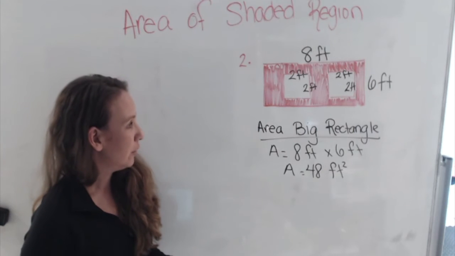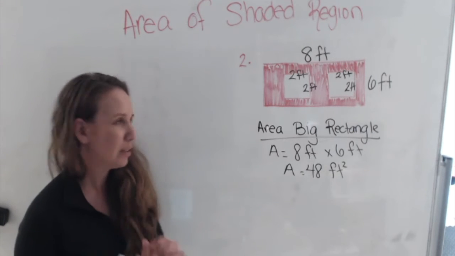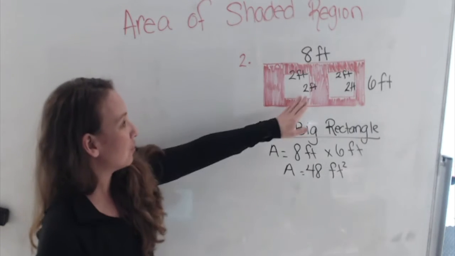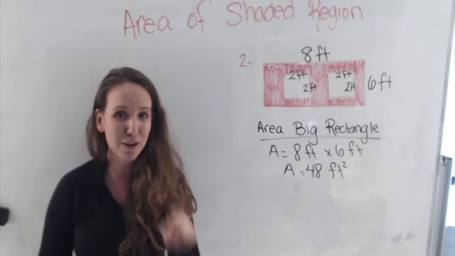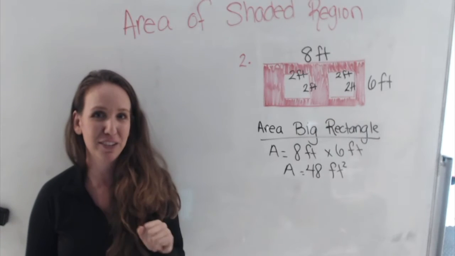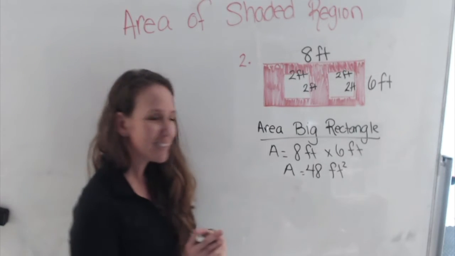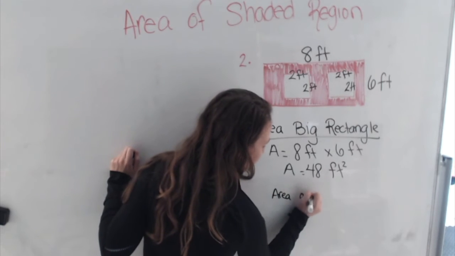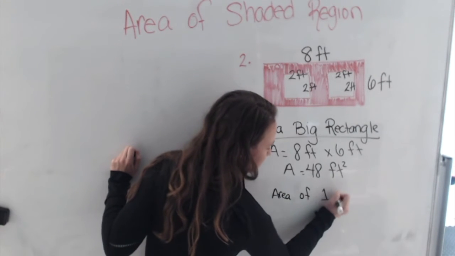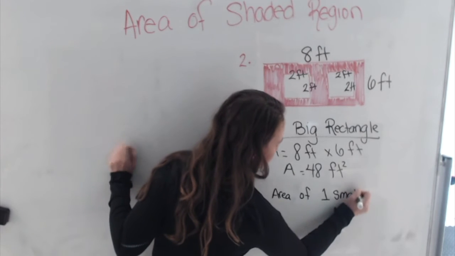Now, we need to find what we're taking out. But the cool thing is, if we actually look, we're taking out two of the exact same thing. So if I find the area of one of them, I just have to take it out twice. So the area of one small square.